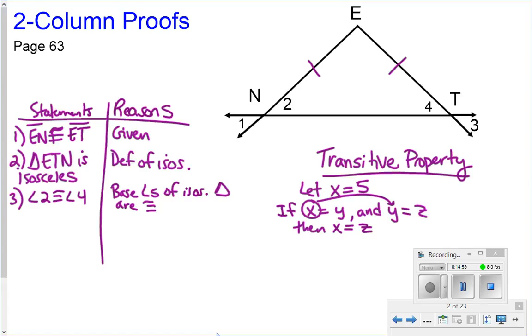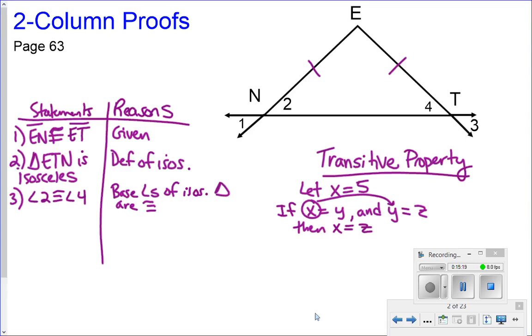And we already kind of were thinking in the back of our minds about vertical angles. So I'm noticing that angle 1 and 2 are congruent and 3 and 4 are congruent because I know that they're vertical angles and vertical angles are congruent. But I'm going to be careful with the order that I state that in. So I just stated 2 and 4 were congruent.